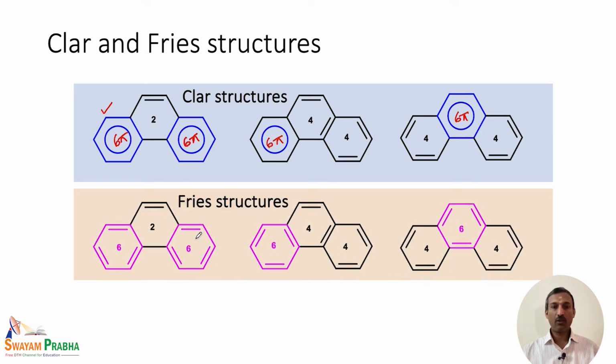In the Fries structure we have two benzene rings having 6 pi electrons each, and other Fries structures include one 6 pi electron ring present either at one of the terminal ends or at the middle. So this is how we can identify the different probable Clar structures and deduce what contributes more to the stability of this compound.